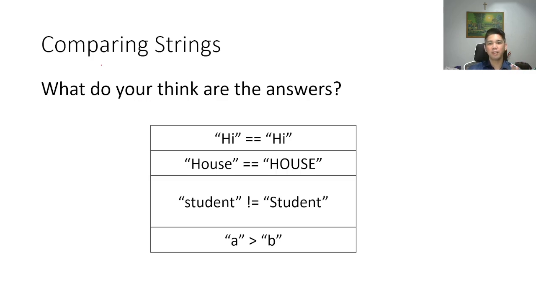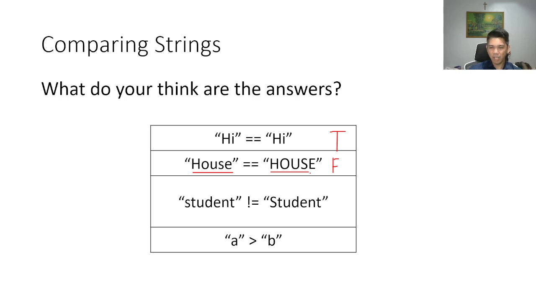Now, comparing different strings. Earlier, we compared numbers. So right now, we will compare strings. So the first one, hi, capital H, small i, is equal to capital H, small i. This one is true. For the second one, the result will be false. Now you might ask, sir, house is equivalent to house. They are worded the same.